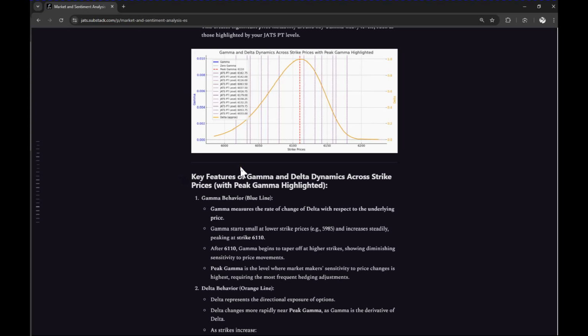So use gamma and options and delta dynamics with the JATS PT levels to understand how the dealer dynamic is within that range. I mean, obviously, I've set it up like this range anyway, right? But knowing the peak gamma could be off a little bit from my center.